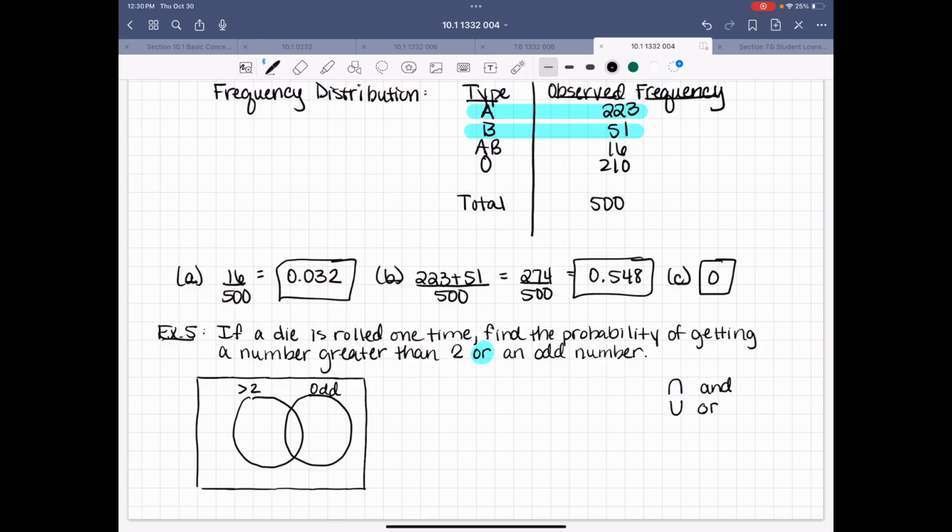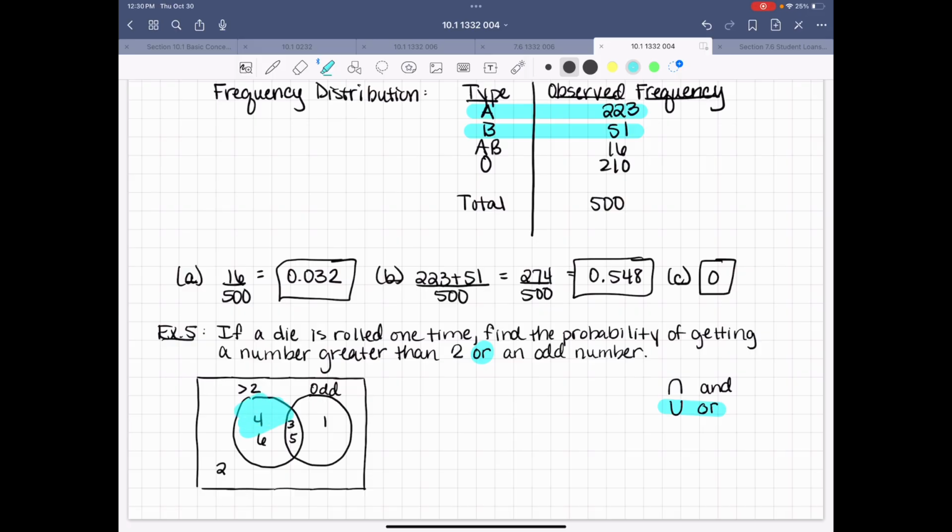Okay, so the first thing we want to do is fill in that intersection. We want the odd numbers greater than 2. Well, that's 3 and 5. The other odd number is 1, the only other one. And the other numbers greater than 2 are 4 and 6. The only thing left floating out here in the universal set is the 2. Now, notice it says or. Think about what or went with. It went with the union.